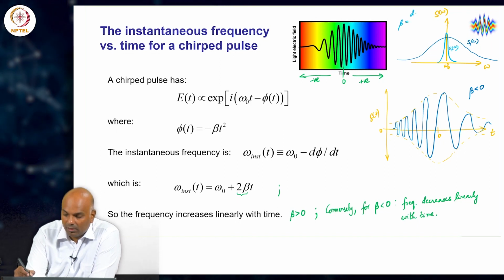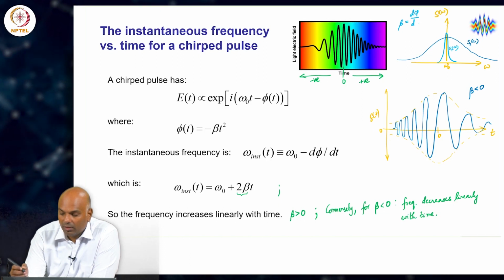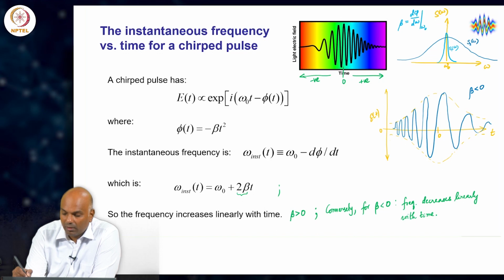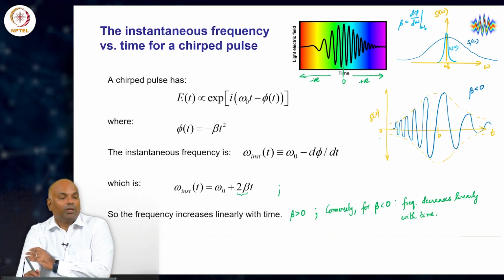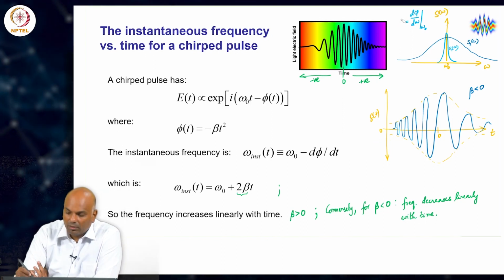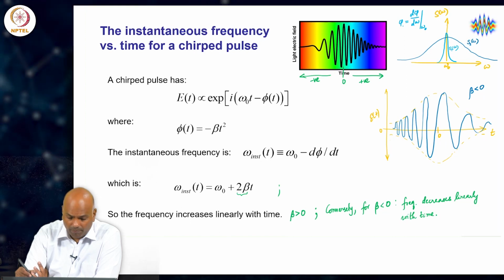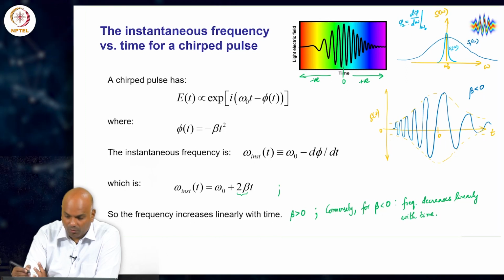Okay. So, now the point is, what is beta? Beta is d phi by d omega calculated at omega naught. This is phi 2, let us say.